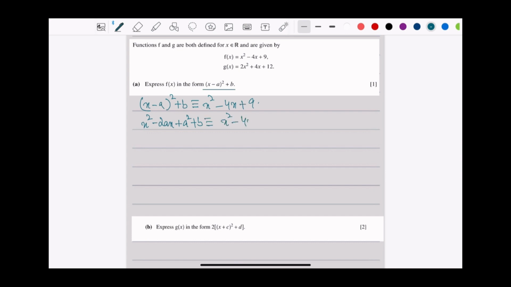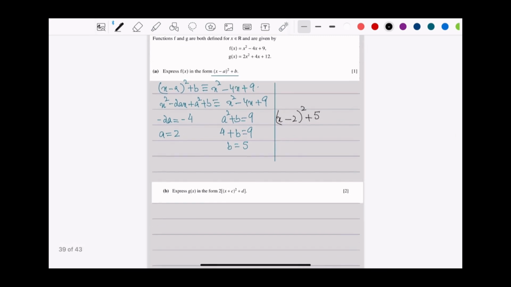As you could see, negative 2a is equal to negative 4, and a is equal to 2. And a squared plus b is equal to 9. So 4, instead of a, I replace it with 2, plus b is equal to 9, and b is equal to 5. I can write this as x minus 2 whole squared plus 5.